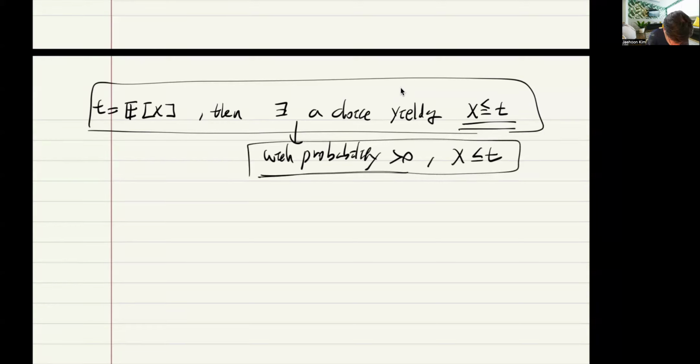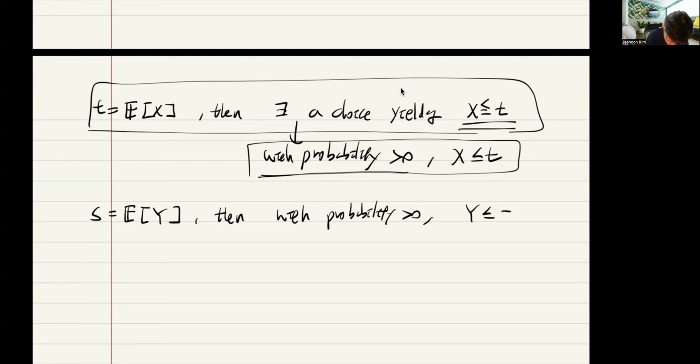And imagine some other situation. For example, if you have another random variable Y, and we want to say this is s. Then again, with positive probability, this Y is at most s. Somehow in this situation, we want both of them to be small. Of course, in that case, you consider X plus Y as a new random variable.